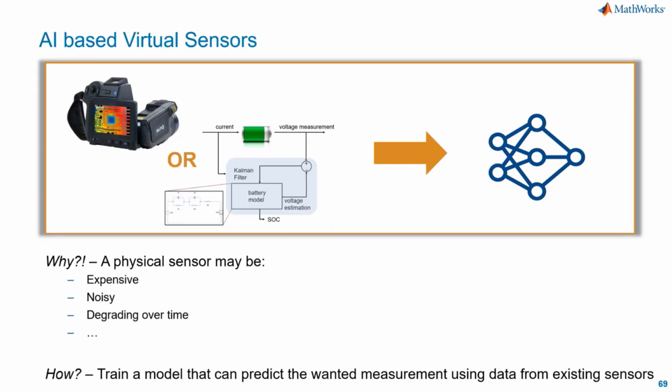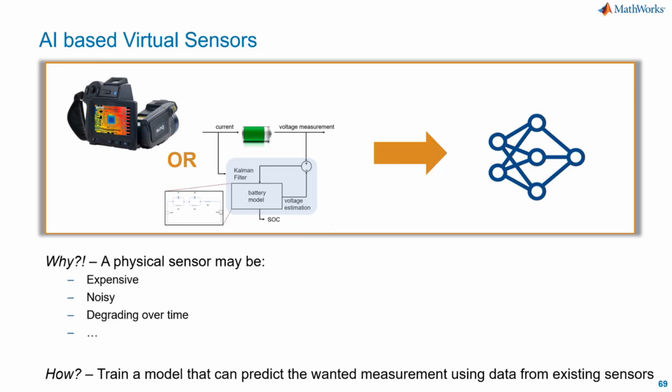Another one is to use AI to create virtual sensor models. Why? As written here, sensors are very expensive and contain a lot of noise, and it is a time-variant system, meaning that these chips or sensors will usually degrade in performance over time, right?